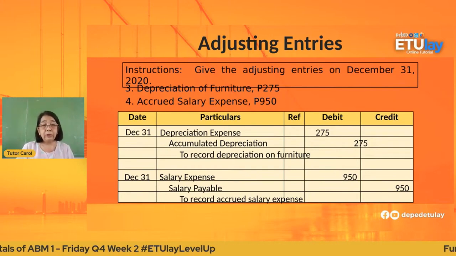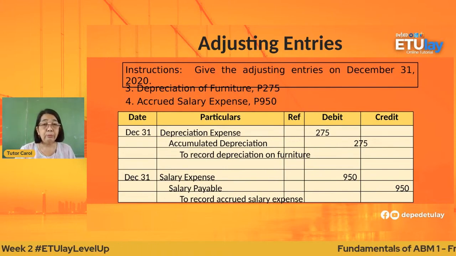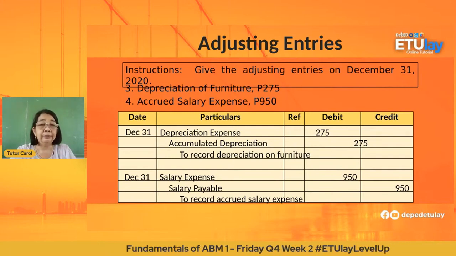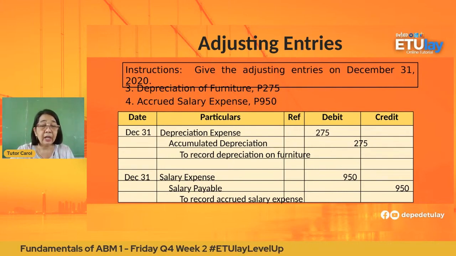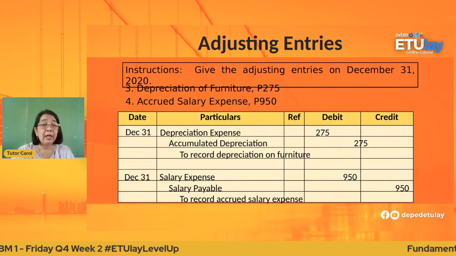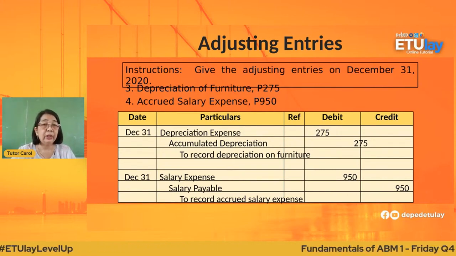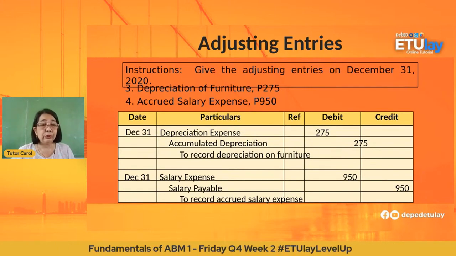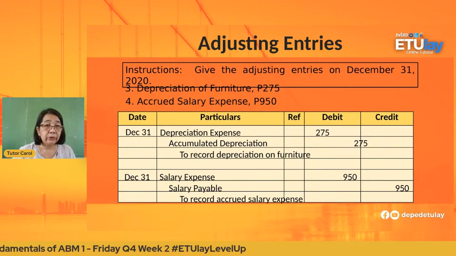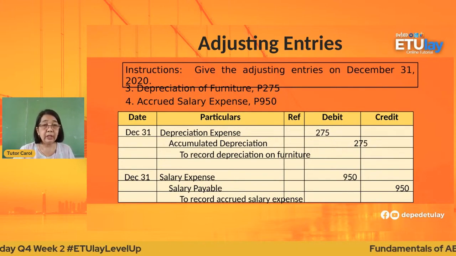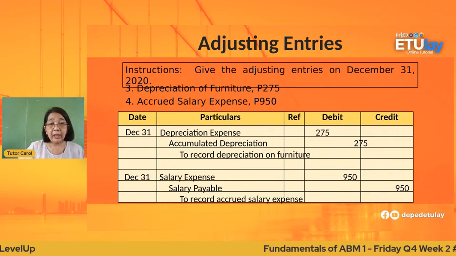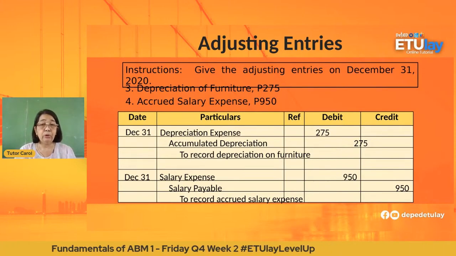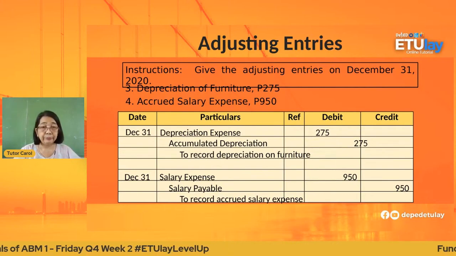Our furniture is not forever brand new; as we use it, it expires, or wears out. For this year, 2020, the depreciation of our furniture was 275. So our December 31 adjusting entry is debit depreciation expense 275 and credit accumulated depreciation 275.